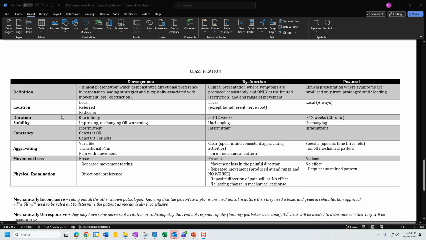The classification typically follows this sheet here, barring the other at the moment. You can see the definitions for derangement, dysfunction, and postural. Obviously, MDT has been most noted for its derangement. What they've previously spoken about is the discogenic pathophysiology.